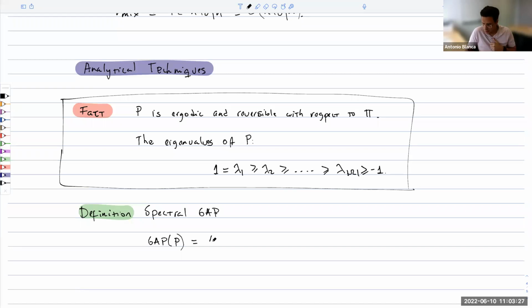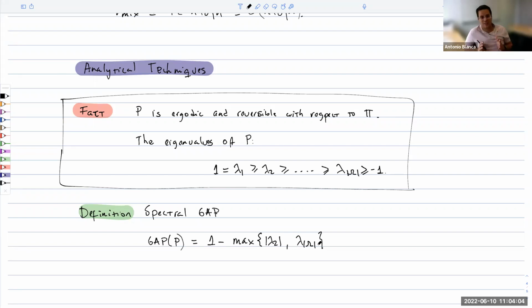So this is 1 minus the maximum between the absolute value of lambda 2 and the absolute value of lambda n. You can check that when the matrix is lazy, all the eigenvalues are between 0 and 1. They're all non-negative, right? So then the spectral gap becomes 1 minus lambda 2. But in general, if we don't assume this laziness of the chain in every state, then this is how the spectral gap is defined. Okay, so this is just a definition.